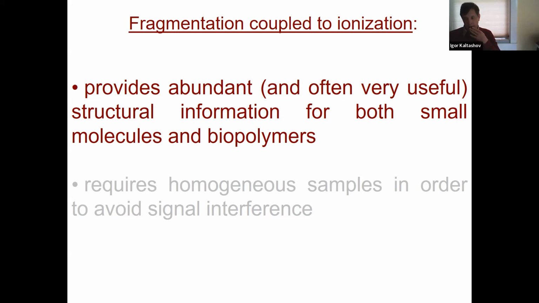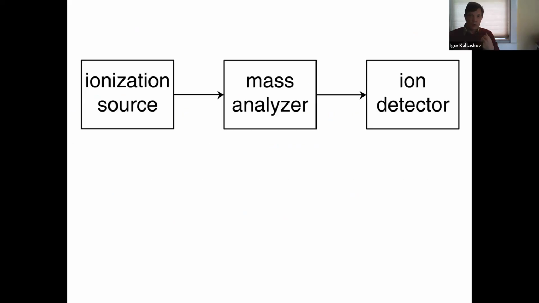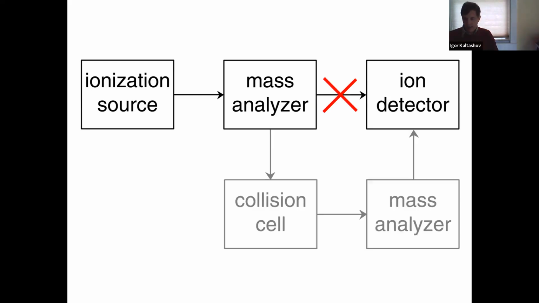So frequently, instead of this brute force approach, we use a technique which is called tandem mass spectrometry. And then again, the name is self-explanatory. It pretty much tells you that you put two mass spec devices in sequence, right? Now, instead of this classical scheme where you do mass analysis and then you separate ions and then immediately after that you detect them, now you isolate ions of the M over Z value that you're interested in, and you direct them towards a collision cell.